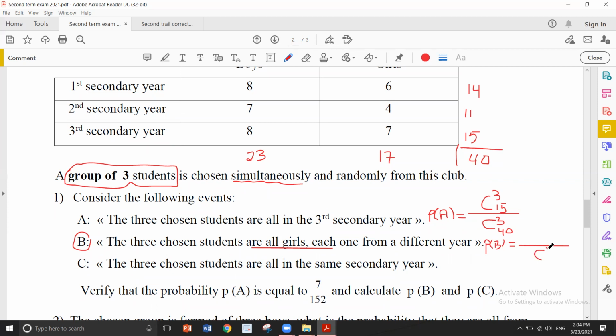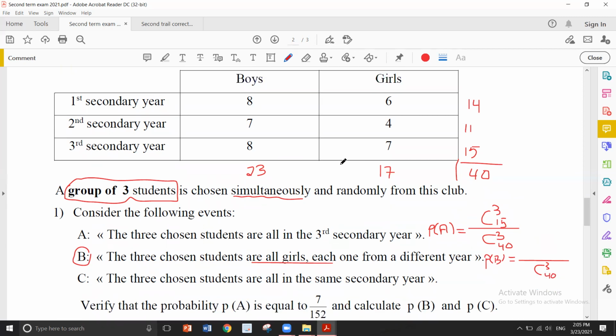I need to choose 3 from 40. I need 3 girls, each one from a different year. Means I need a girl from the first secondary, 6C1, times 4C1, I need a girl from the second secondary, times 1 from 7.